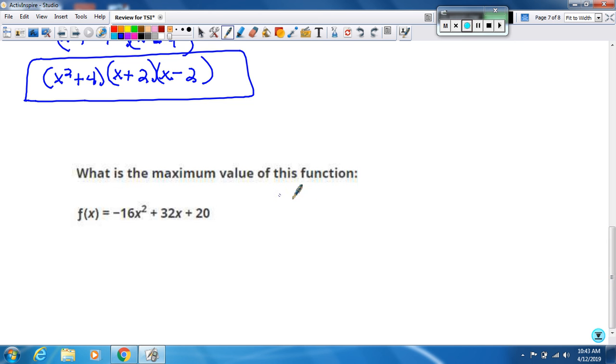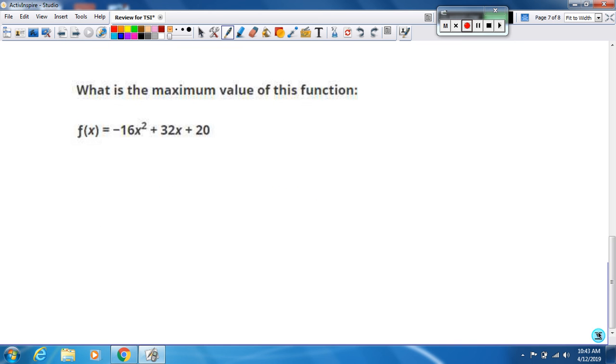What is the maximum value of this function? Okay, this is A, this is B, and this is C. The maximum value is the y value of a function. But to get that, we've got to get x first.